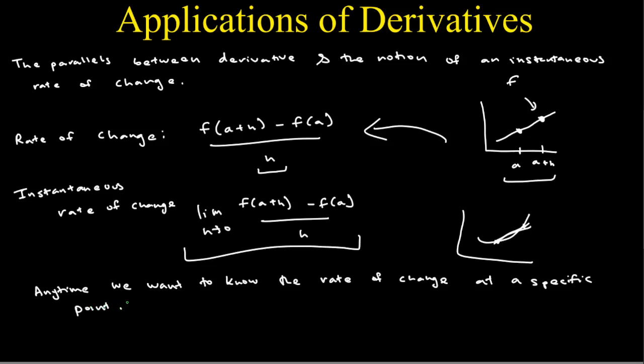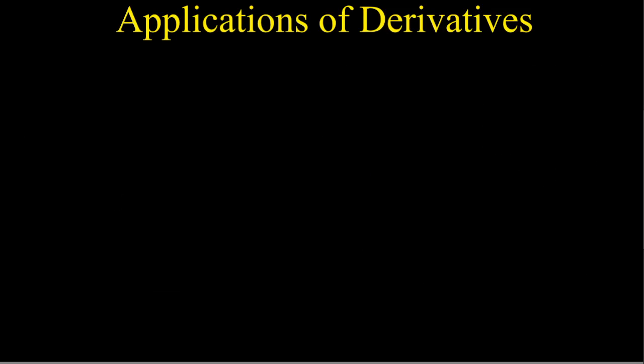Our answer lies in finding the derivative of the function, then evaluating the derivative function at the point we care about. That's going to tell us the slope of the tangent line, and the slope of the tangent line is just the rate of change at that specific point, our instantaneous rate of change. Now this seems a bit abstract, right? So let's try to hammer in these ideas through certain examples. This example 1 is about circles. Okay.